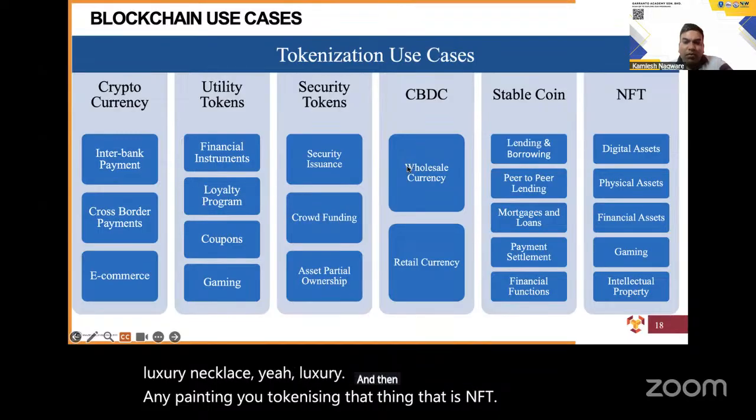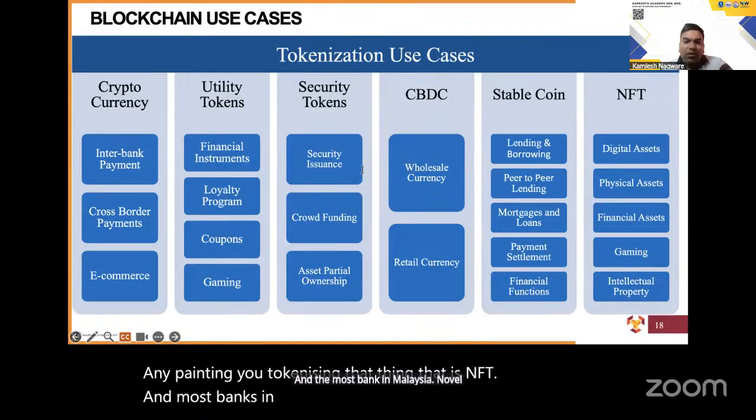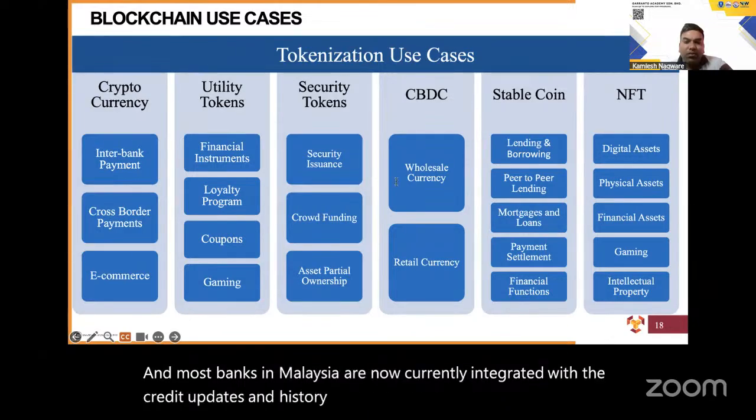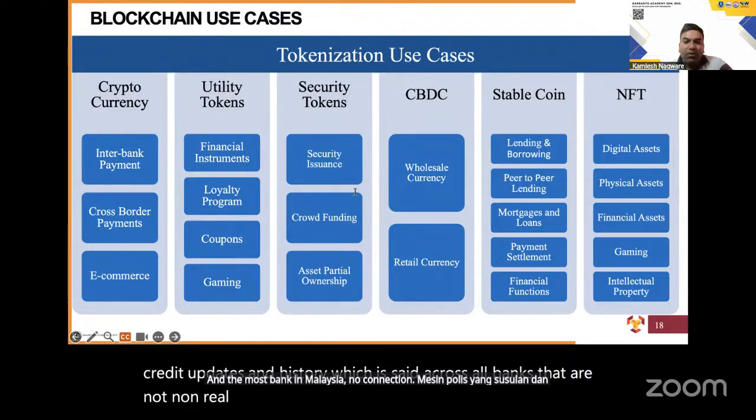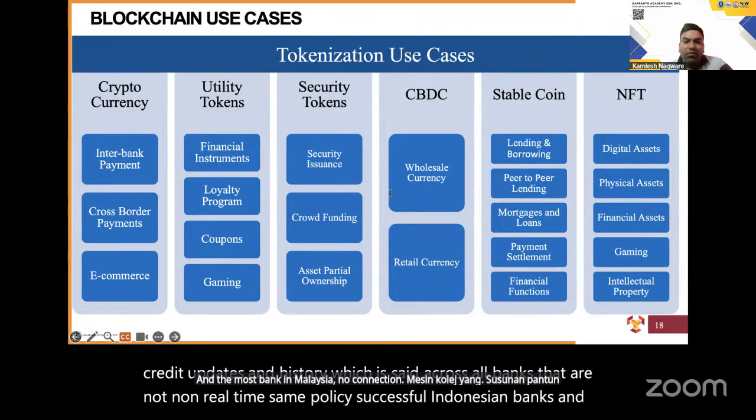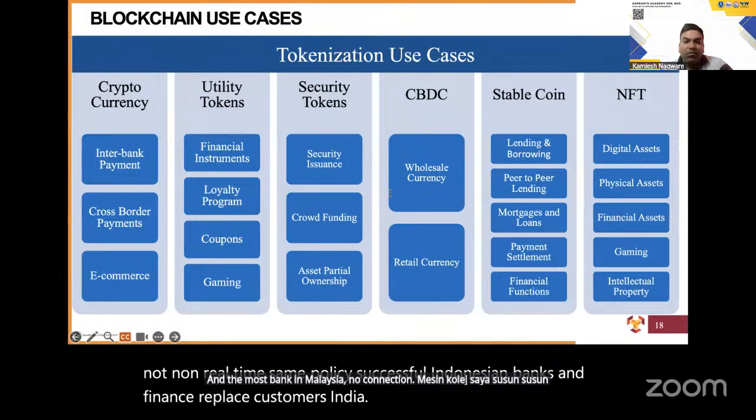Most banks in Malaysia are now currently integrated with the credit application history, which is shared across all banks, but not in real time. Same policy across the central bank and customers. Okay, I think there is a good question from Noor.